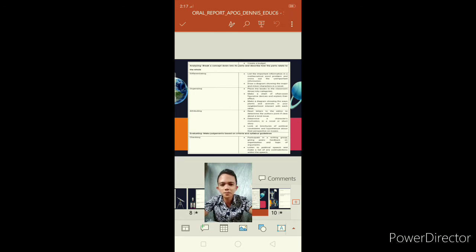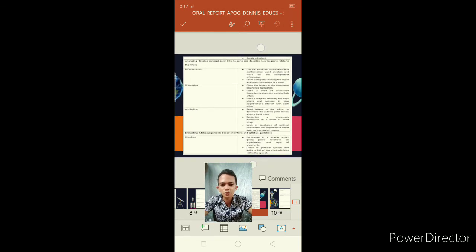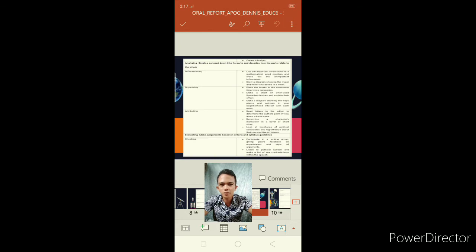Next up, analyzing. Students can break a concept down into its parts and describe how the parts relate to the whole. This includes differentiating, organizing, and attributing. The activities we might give are the following.